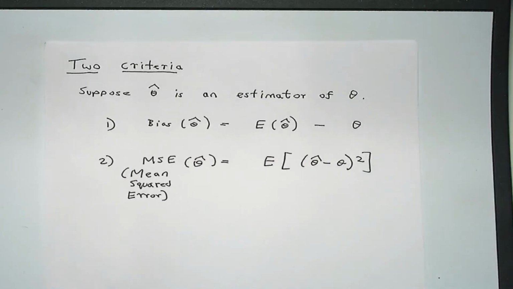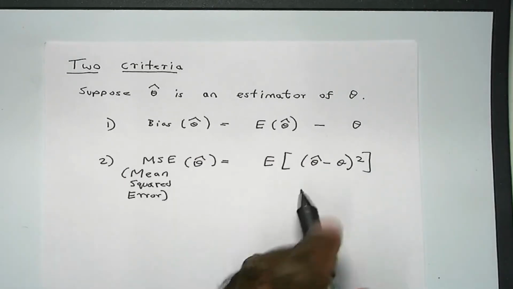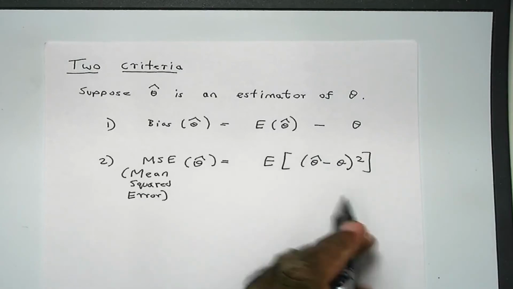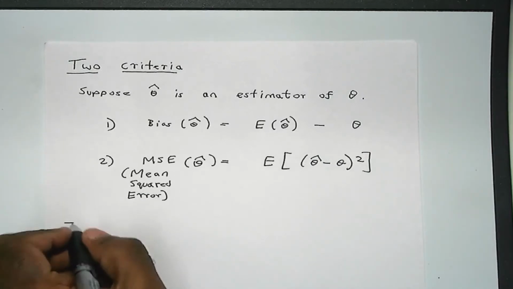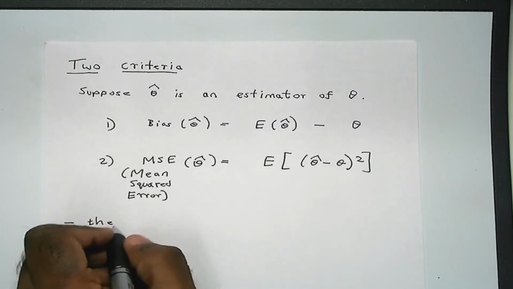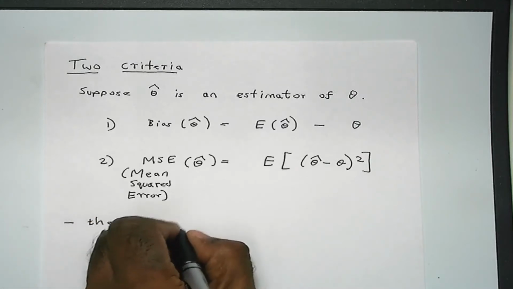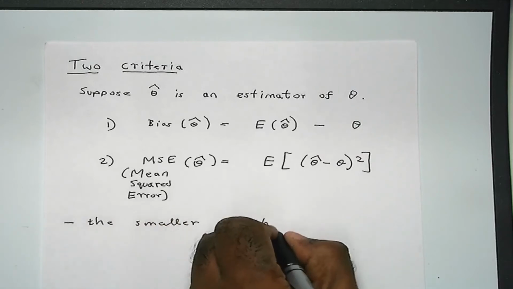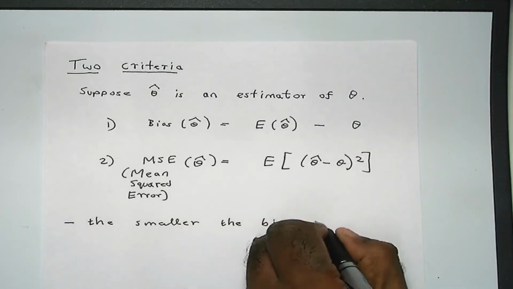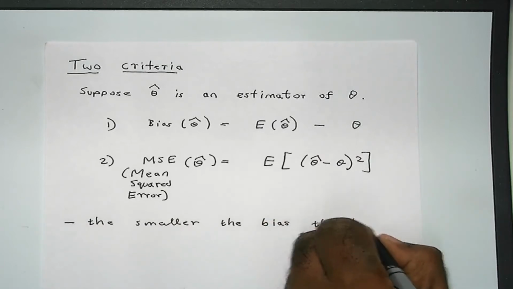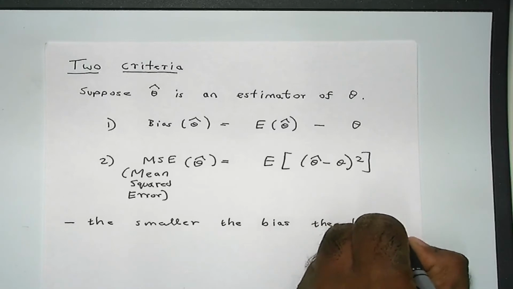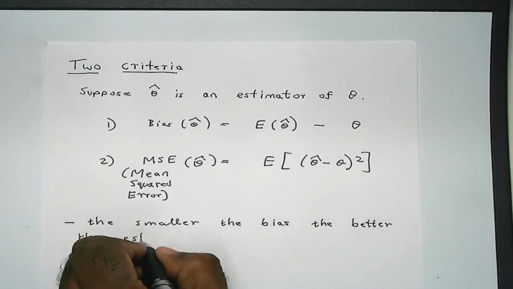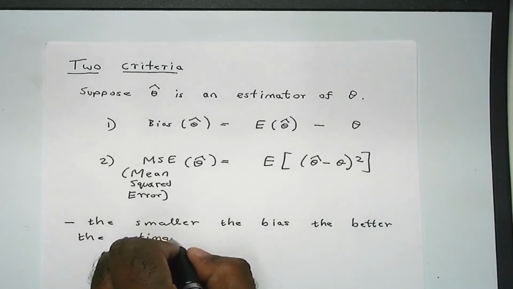Now an estimator is good if the bias is as small as possible and the MSE is as small as possible. What I mean, so let me write that down. The smaller the bias, the better the estimator. Okay.